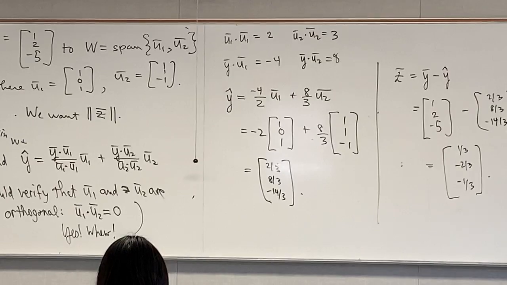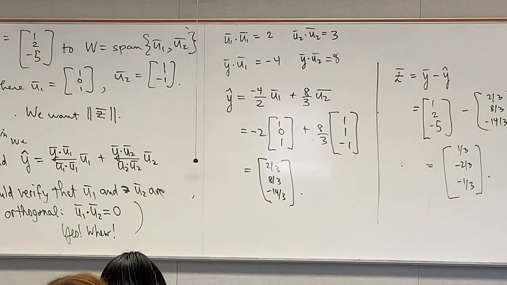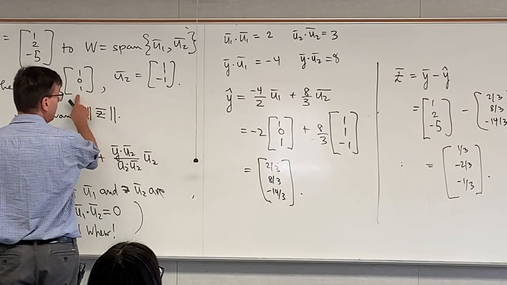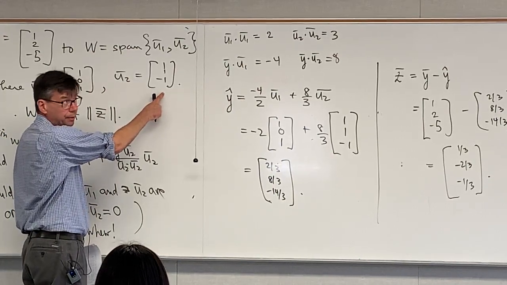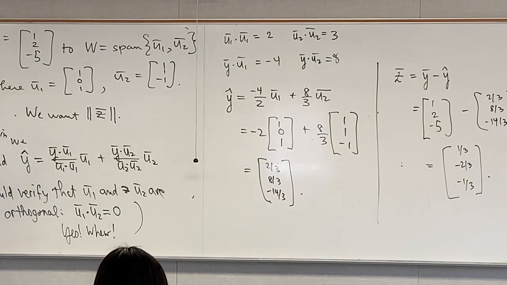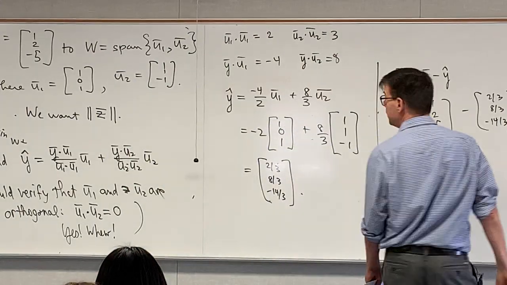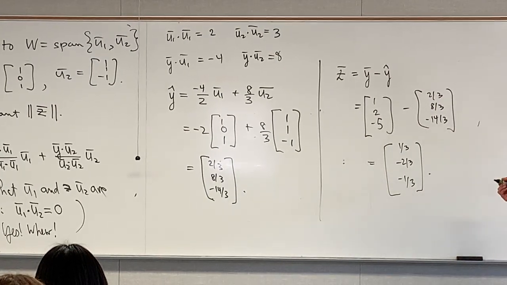And along the way, if you just want to wonder if you're on the right track, it's a good sign if z dot u1 is 0 and z dot u2 is also 0, right? There's a problem if that's not working out. You made a mistake. And I think you can see that's true here. Okay. Now we're almost done. We're not done yet, though.